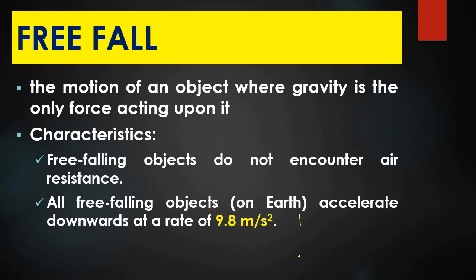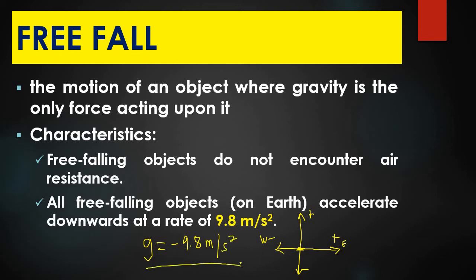So if we're going to draw that, if this is positive going to the east, west is negative, upwards from the origin of the motion is positive, downwards is negative. So therefore, our gravitational acceleration is 9.8 meters per second squared downwards, or negative 9.8 meters per second squared.